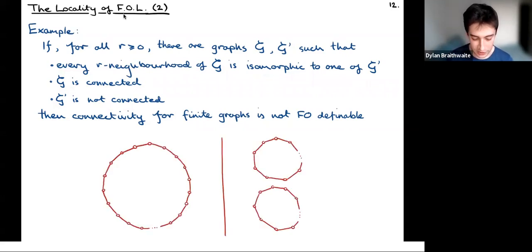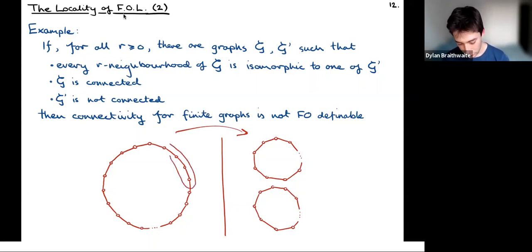So looking at the same thing above, all we have to do in this case is define some map from this graph to this one, such that every local piece of this graph looks like a local piece of this graph. And we're allowed to make the size of the graphs vary with the value of R that we're given. So as long as we make these graphs look like big enough circles, then there'll always be a local isomorphism between them.